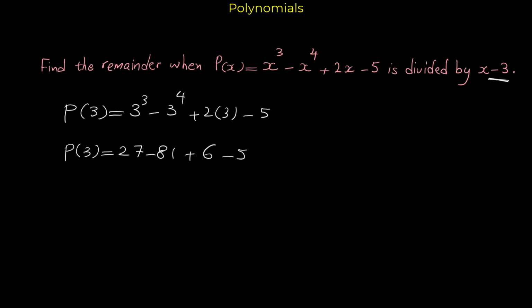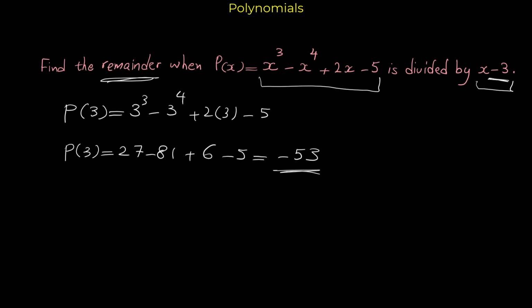27 minus 81 is negative 54. Negative 54 plus 6 is negative 48. Negative 48 minus 5 would be negative 53. So the remainder is negative 53 if you divide this polynomial by x minus 3.